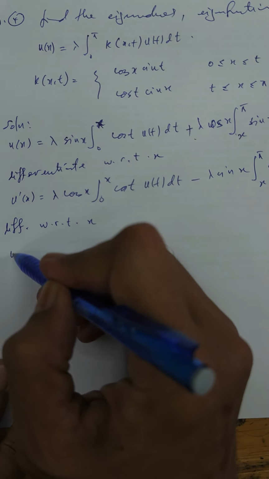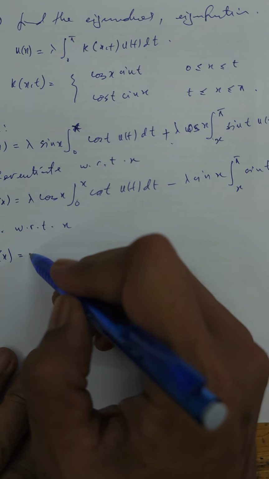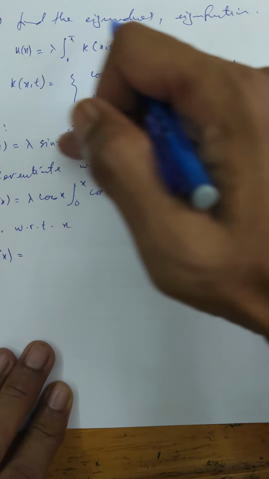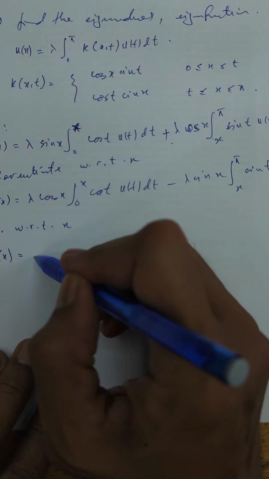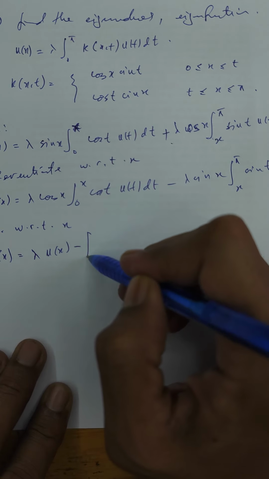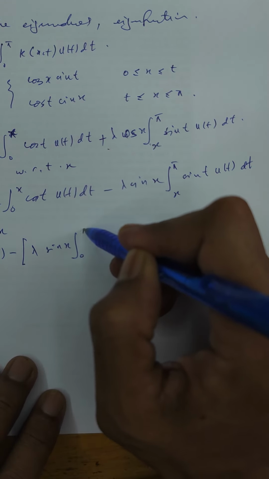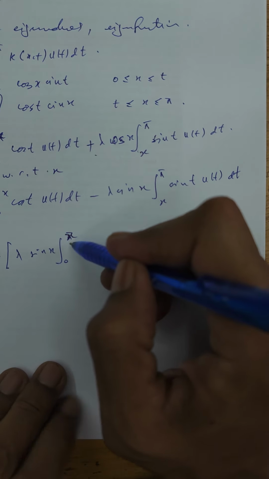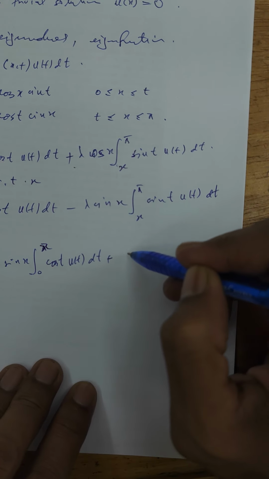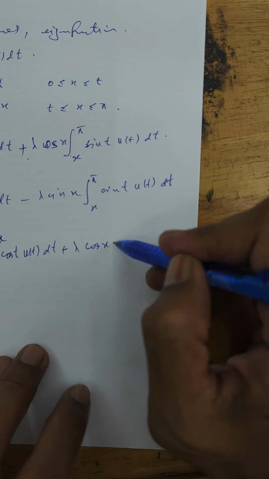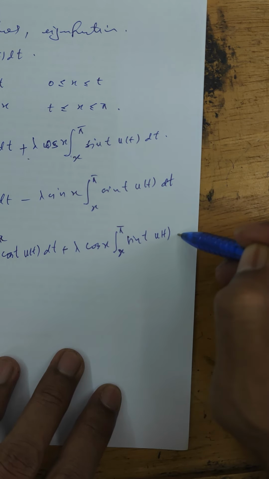We have u double prime x equal to, if you do this, you can have those, and then that form you can substitute into there, so you will have lambda u(x) minus lambda sine x integral 0 to x cos t u(t) dt plus lambda cos x integral x to pi sine t u(t) dt.